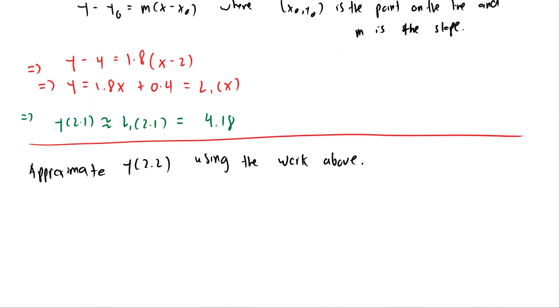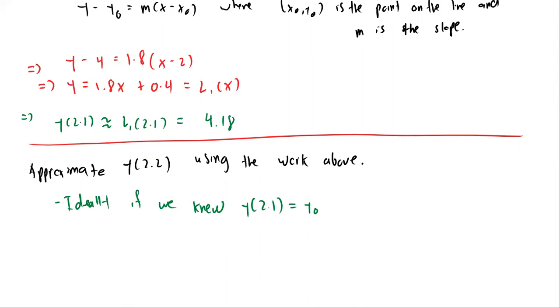Now, what would be the ideal situation? Ideally, if we knew what y of 2.1 is, so let's say y of 2.1 equals, let's just call it y naught, we could do the exact same process as we did before.